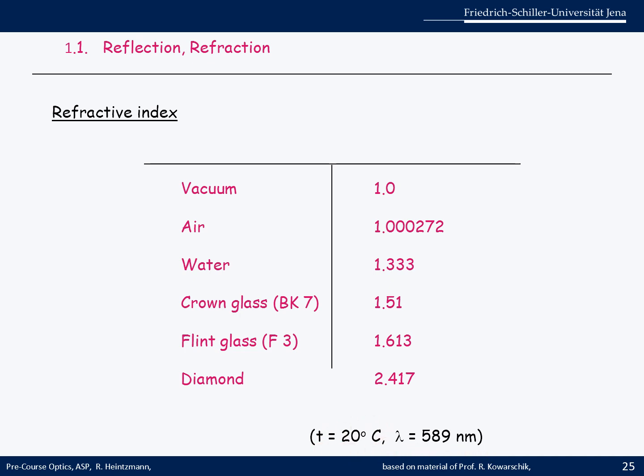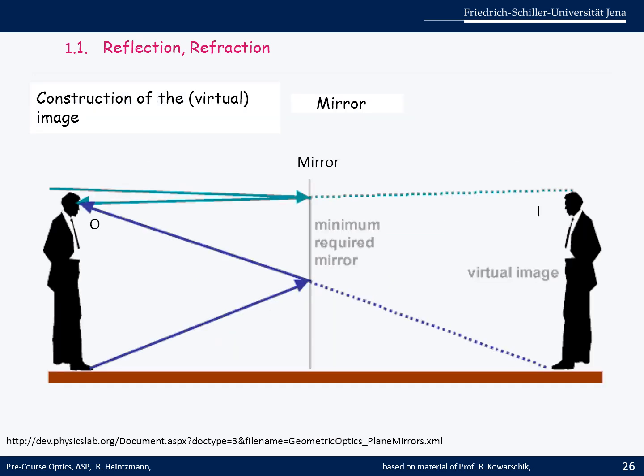Why? Well, because all of these depend on the wavelengths and the temperature. So that is an effect called dispersion, that the refractive index, the index of refraction, depends on the wavelength. So remember dispersion.